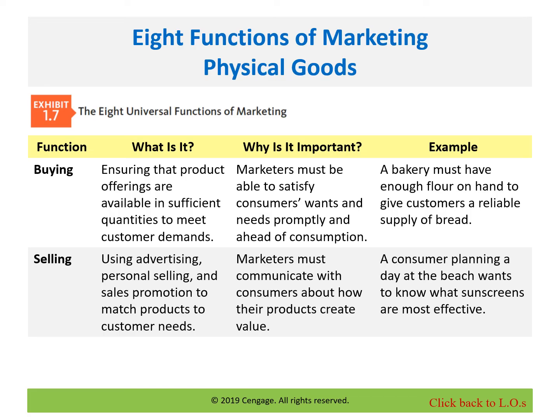Buying means ensuring that product offerings are available in sufficient quantities to meet customer demands. This is important because marketers must be able to satisfy consumers' wants and needs promptly and ahead of consumption. Example, a bakery must have enough flour on hand to give customers a reliable supply of bread.